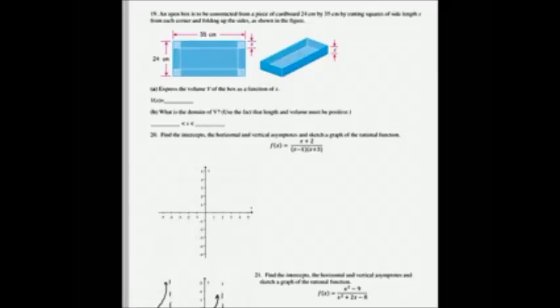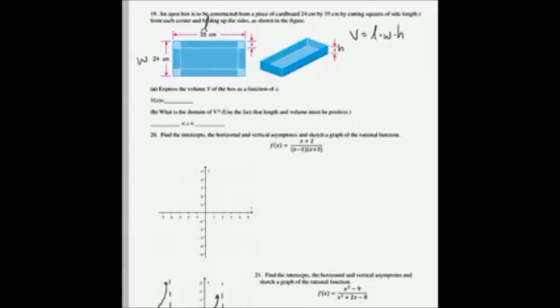So we need to express the volume of the box. That's what part A is asking. Now the volume of a box, volume equals length times width times height. Here we have length and width of the 2-dimensional surface, and now here we have height when it's folded up to the 3-dimensional surface.